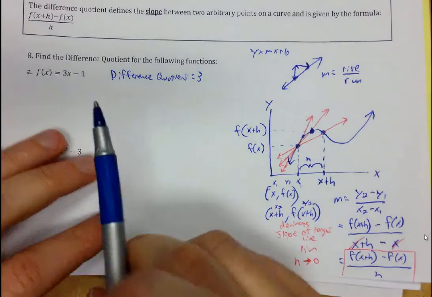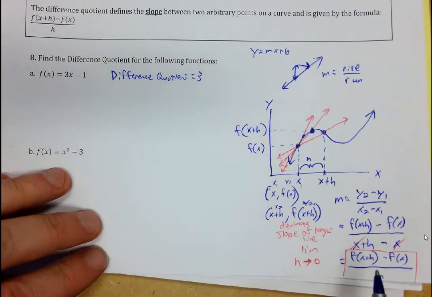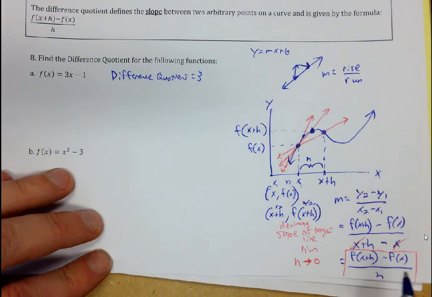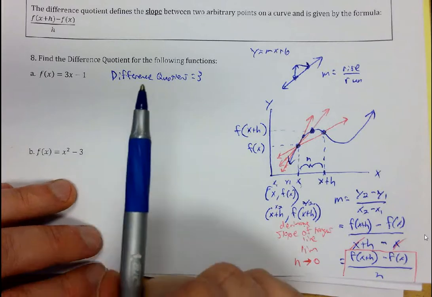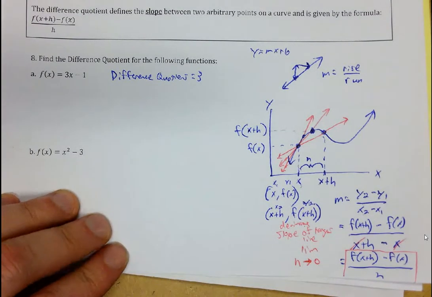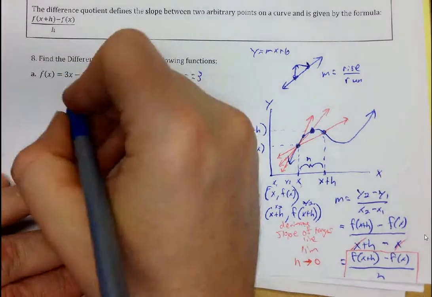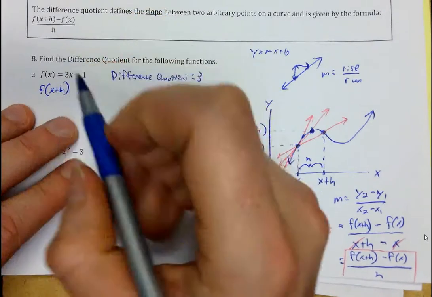So going back up to our first function, f of x, we want to use our formula f of x plus h minus f of x over h. We want to use that formula to prove that our difference quotient here is just equal to our slope. So what I'm going to do is I'm going to start off by finding f of x plus h, and we've looked at this now.